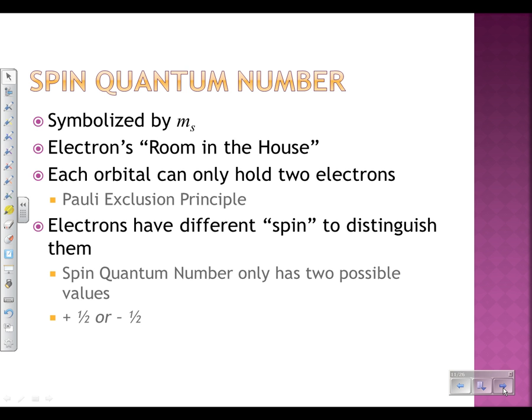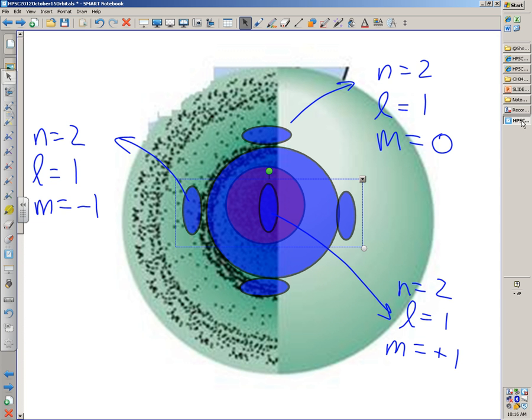Does that make sense? So if we go back to our picture, we still have 3 minutes left. This one we've already established is n equals 2, l equals 1, m equals -1. If we go to this part right here, this is still n equals 2. This is still l equals 1 because it's still a p orbital.